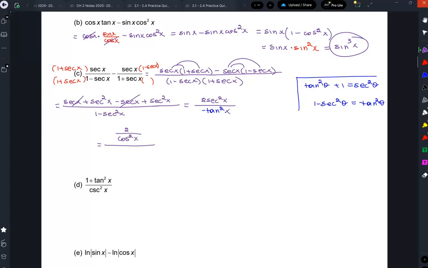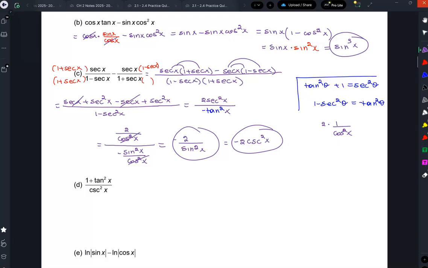This one is negative sine squared x over cosine squared x. Cancel, cancel. Negative 2 over sine squared x. And this is good enough for me because it's in terms of sines and cosines. In the book, it might also be written as negative 2 cosecant squared x. That also works. The point is there are no further operations.